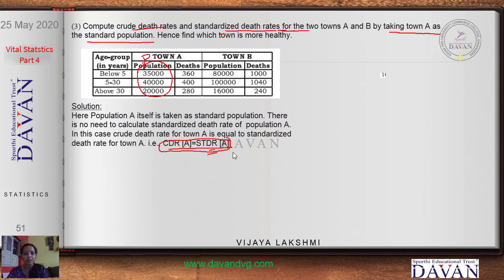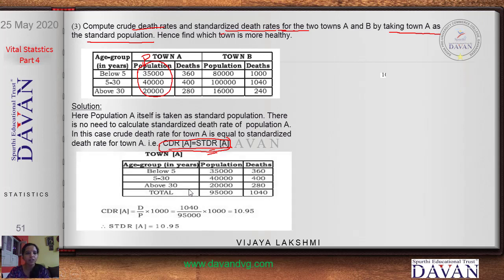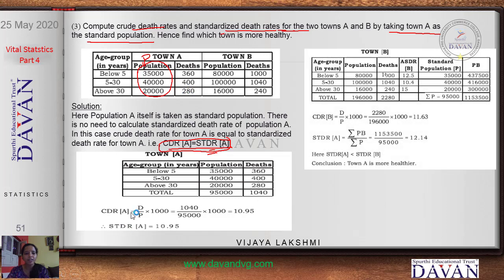So how do you find the solution? We know how to calculate CDR, that is total deaths divided by the total population into 1000. So take the age group column, the population column and the death column, and find the total of these. CDR is given as D by P into 1000.